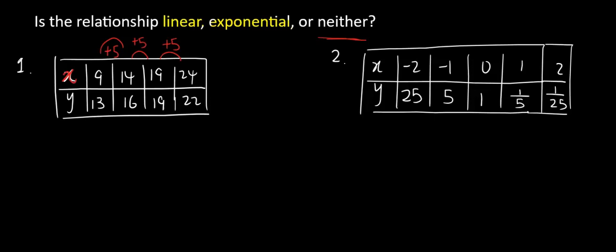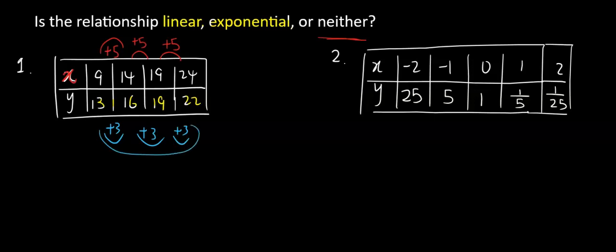From 13 to 16, we add 3. 16 to 19, we add 3. 19 to 22, we add 3.